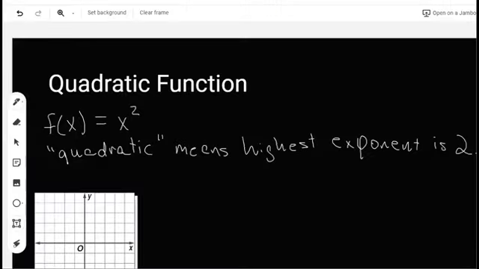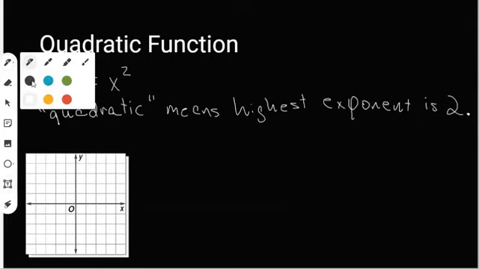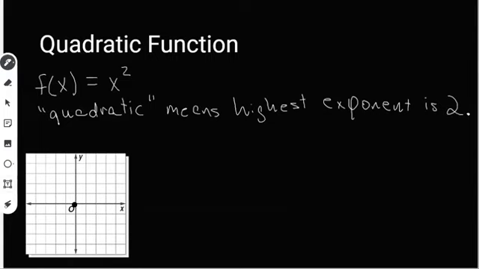Okay. So heading on back to my screen down here, let's finish graphing this. I'm going to have a point at 0, 0. I'm going to have a point at 2, 4 and -2, 4.